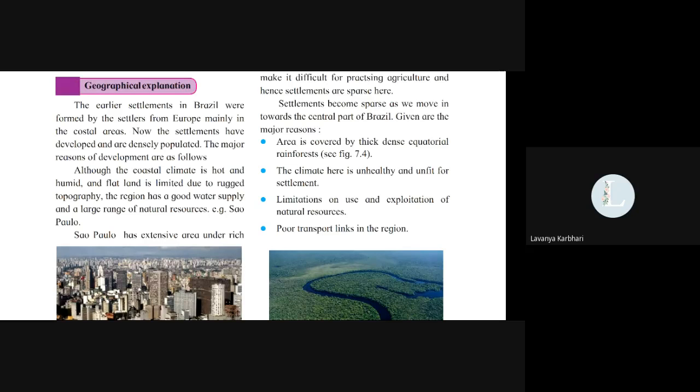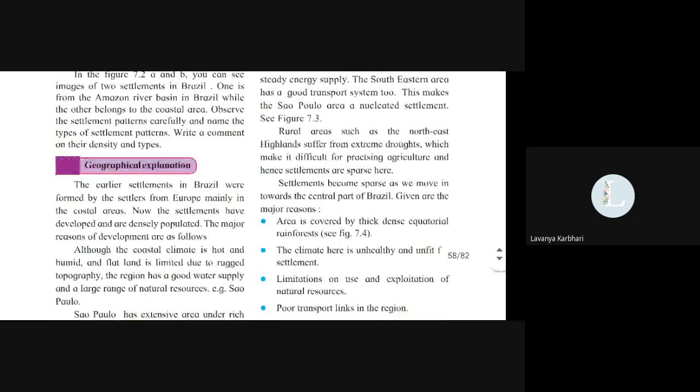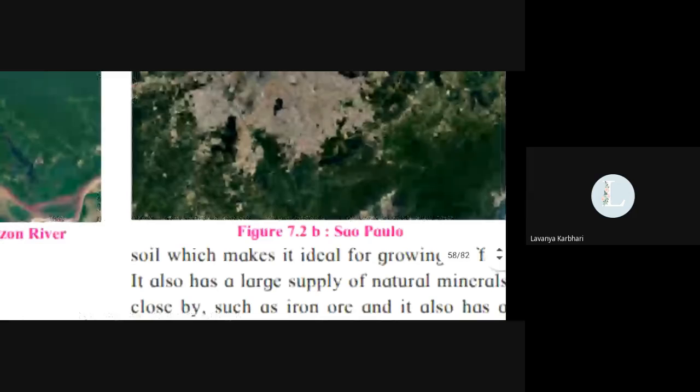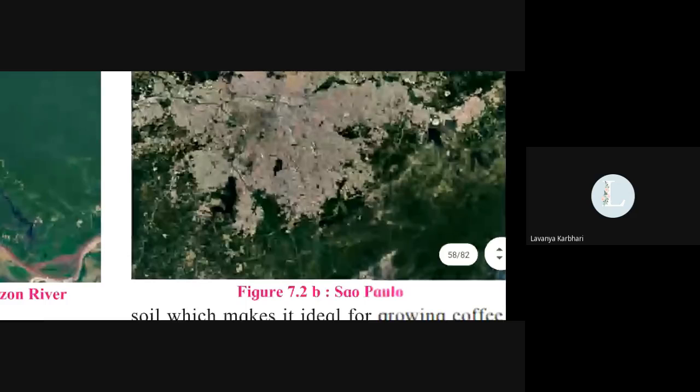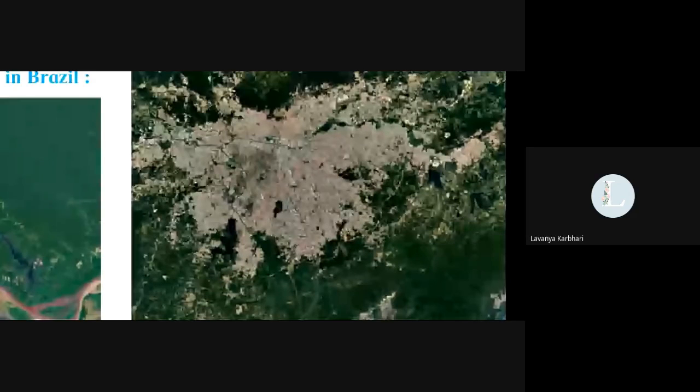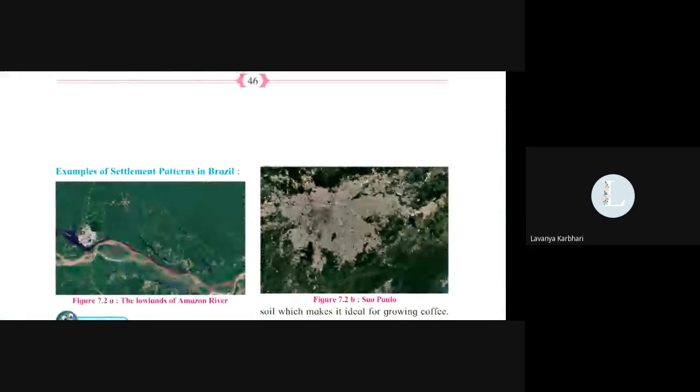That's why more population is situated at the coastal areas. For example, Sao Paulo. Okay, we have just seen this picture over here. Okay, all you can see here in white is nothing but the population located. Okay, highly dense, nucleated, because there is a supply of water and natural resources.